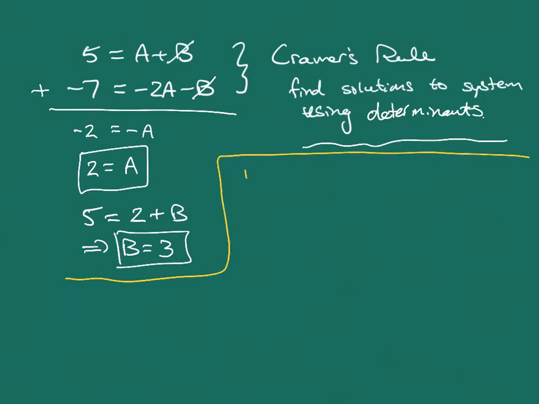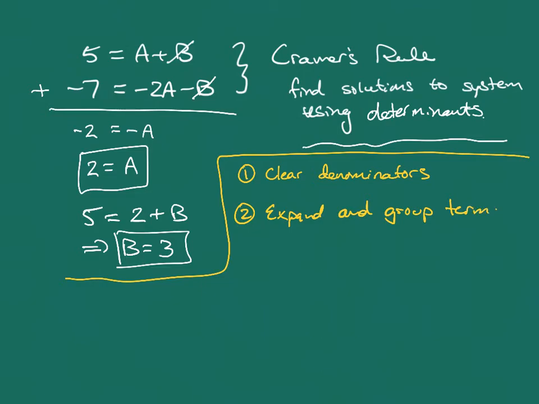Okay. So we first clear denominators to get rid of everything in the denominator, so we're essentially only dealing with polynomials at that point. Then we expand and group terms by powers of the variable, and so we put those together.